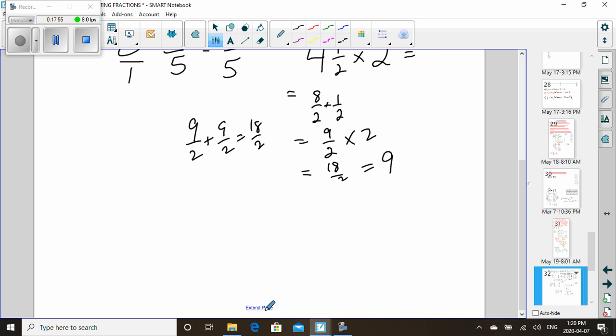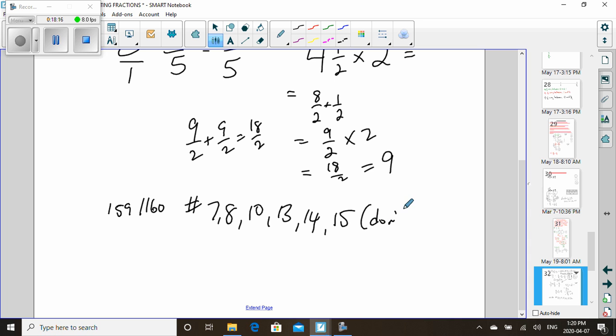On the Math Makes Sense textbook that I hopefully you've all downloaded and everything's good to go, go to page 159, 160, do numbers 7, 8, 10, 13, 14, and 15. 15 says draw a picture for multiplying. I'm going to say don't worry about the picture.